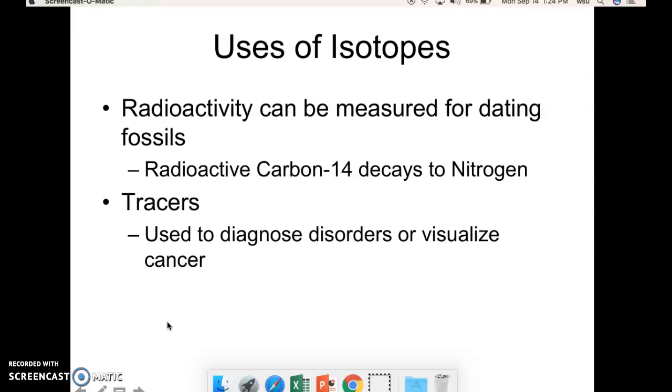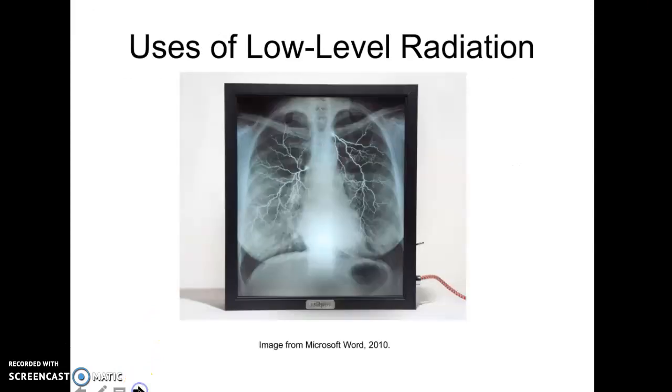So one way to look at this process is when we do some type of imagery in the healthcare field, sometimes we drink or take or are injected with some type of radiation. It's usually a very low level, but what it does is flag certain areas of the body depending on where it's flowing to or how it's dispersed in the body. And then we can use imagery to actually see things.